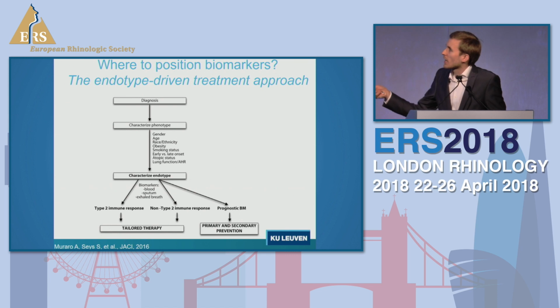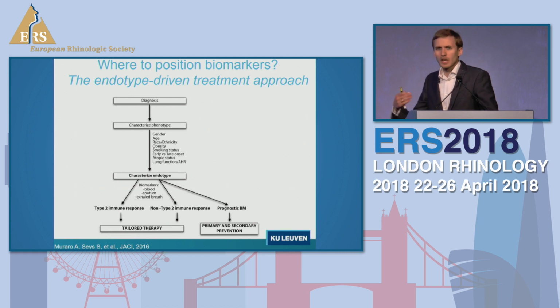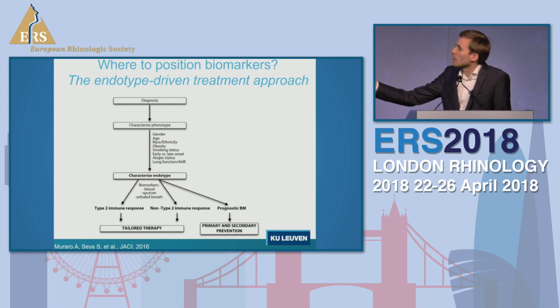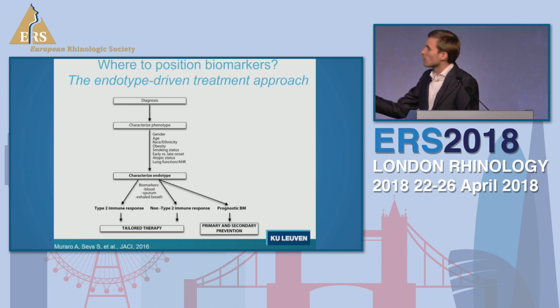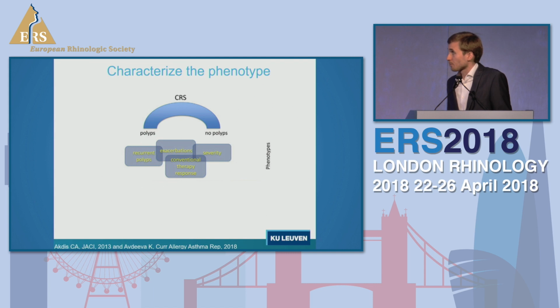In the next step you can characterize the phenotype. So we look at the clinical and demographic characteristics of the patients, which are listed here. And then in the next phase we can move to these endotypes and go into biomarker research to identify whether a patient is type 2 or non-type 2 and go into more detail in order to get to tailored therapies.